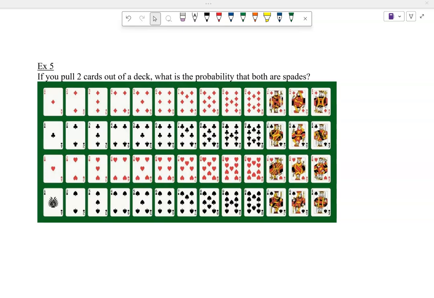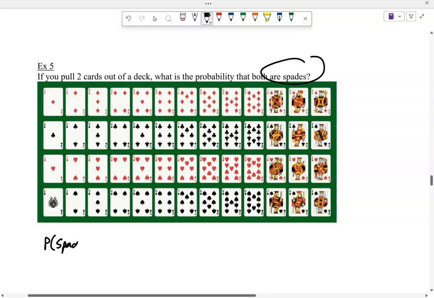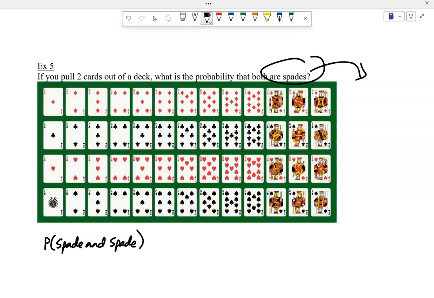Here's another one. This is without replacement. We're pulling 2 cards out. We want both of them to be spades. So what's the probability of a spade and another spade? Well, if I'm pulling a spade out, I'm not replacing it, so it's affecting the second pull because I only have 51 cards left.